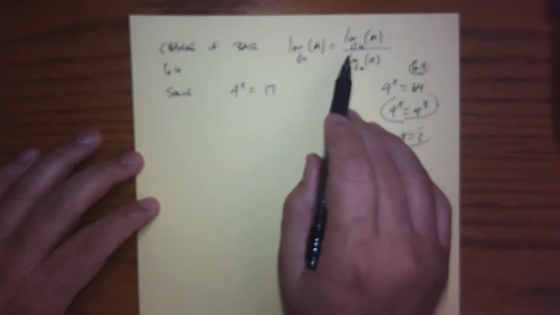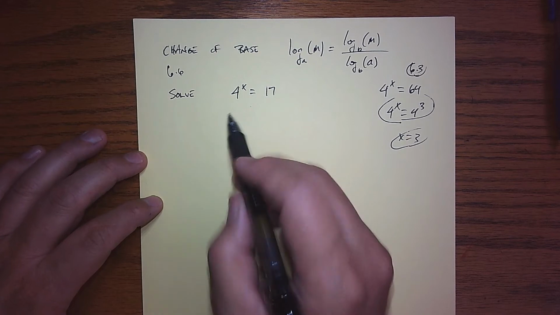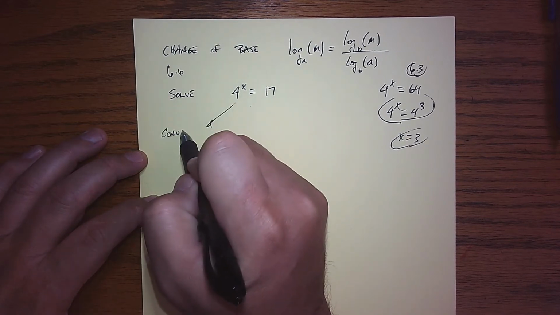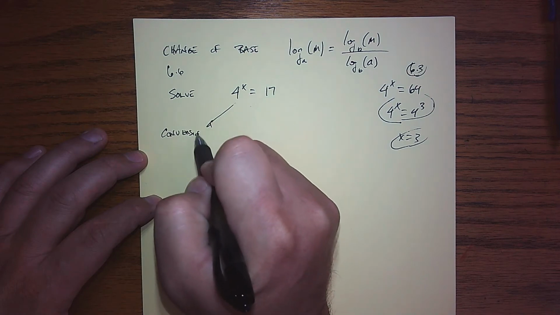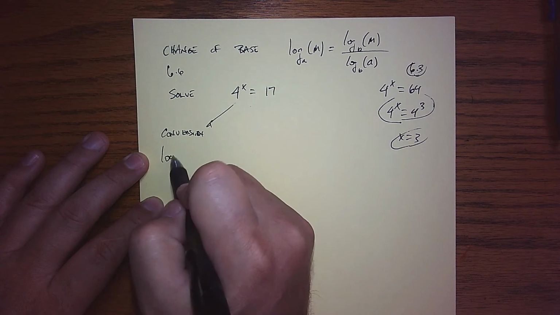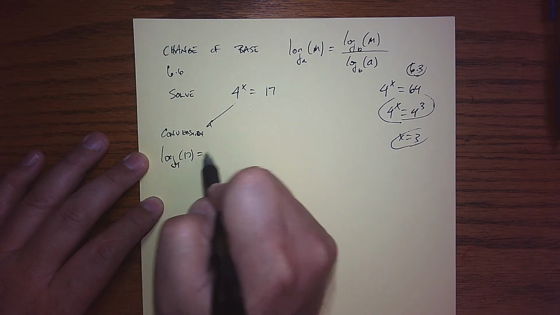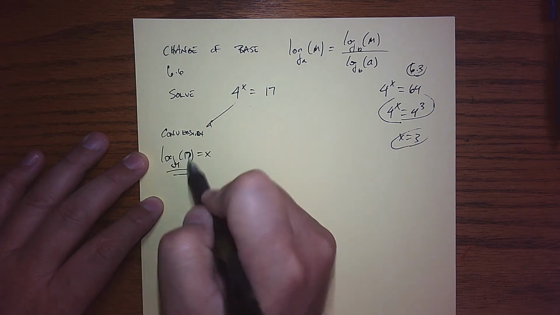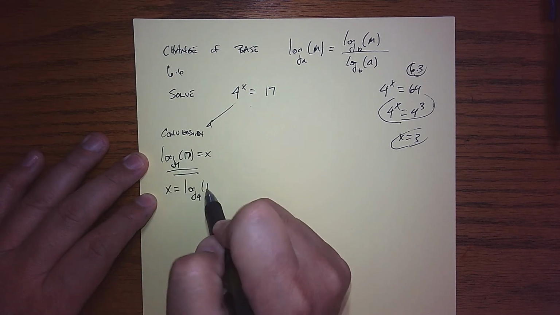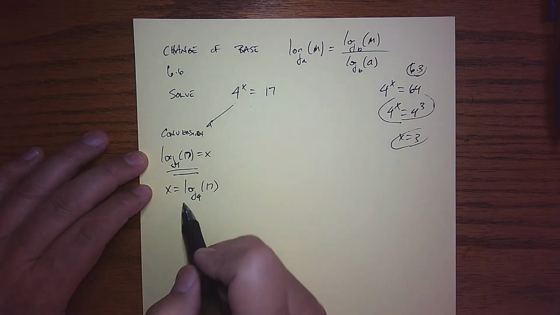But what we have is a logarithm, and because we're base 4, if I just do a conversion, we get that log base 4 of 17 is x. Put another way, the solution to this equation is log base 4 of 17.